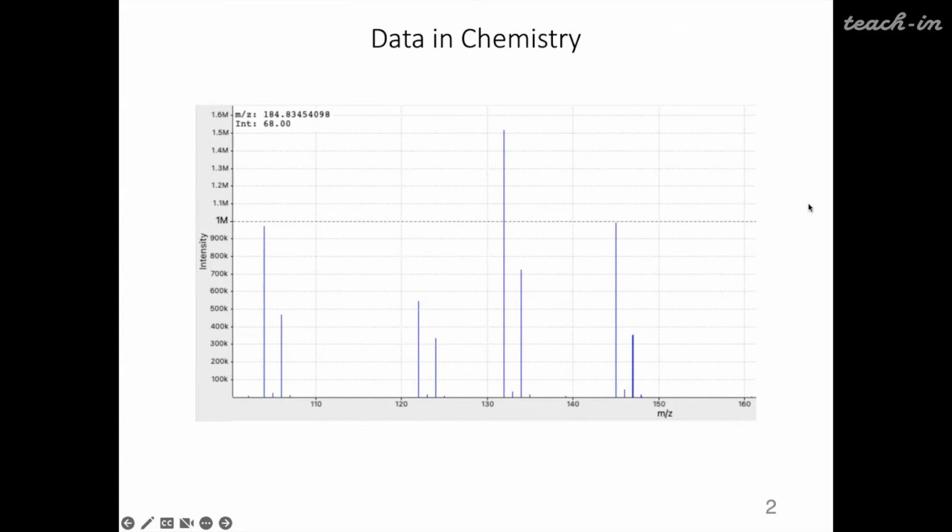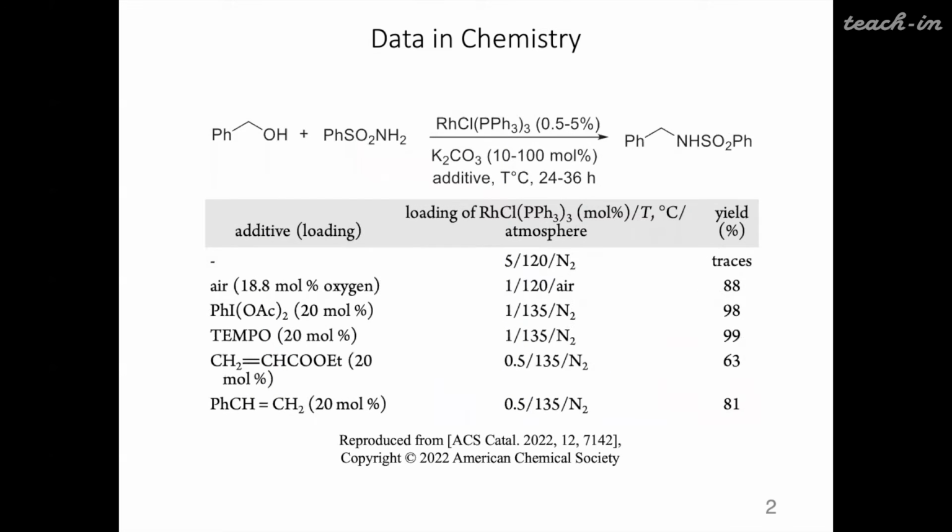It can be other spectral data, or data collected with nuclear magnetic resonance spectroscopy or any other spectroscopy method. We also can encounter, and we do encounter quite often, table data that is related to experimental conditions.